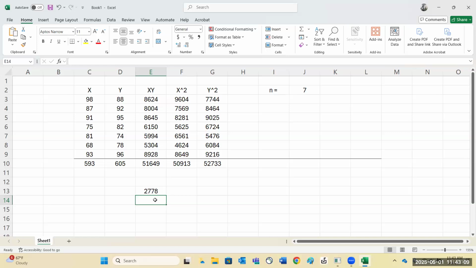So I'll do each one of those separate ones. On the first bottom one, we have 7 times the summation of x squared, which is this one, minus the summation of x squared.